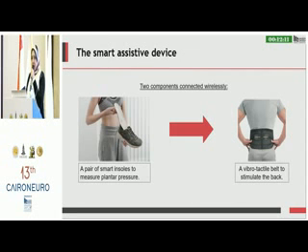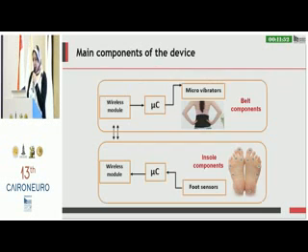The smart assistive device consists mainly of two parts. The first part is a pair of smart insoles to be inserted in the patient's shoe. The second part is the vibrotactile belt that stimulates the patient's back instead of the foot.